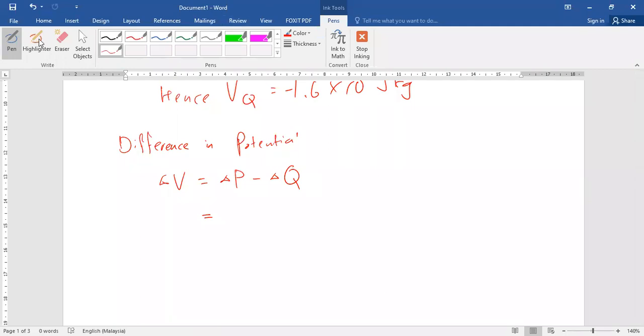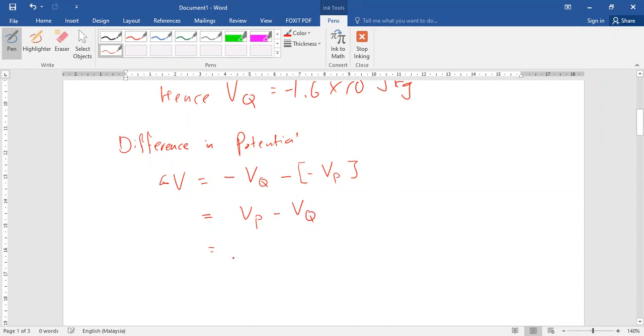Final minus initial, use the basic concept. The final will be higher, right? So it will be VQ minus negative VP. So at the end, it will be VP minus VQ.